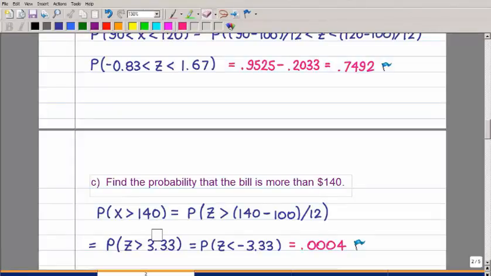Change the sign of this number. Take the opposite, whatever it is. So positive 3.33 becomes negative 3.33. I look up negative 3.33, and it's going to be a very, very tiny number there. 0.0004. So we have a very small probability that if we select a bill at random, it will be more than $140.